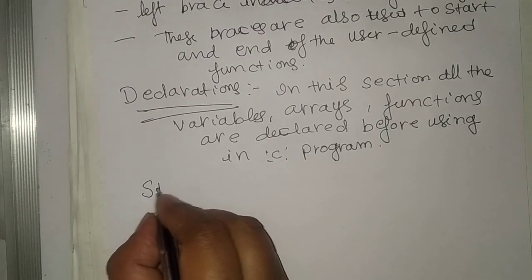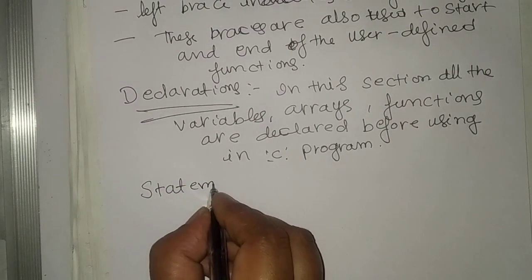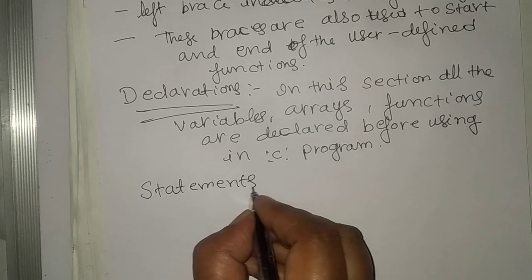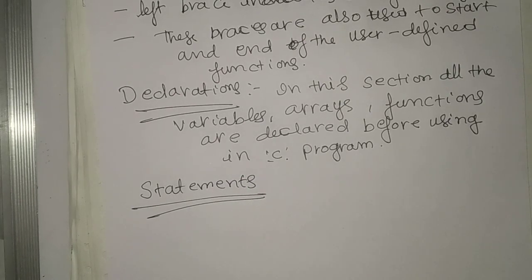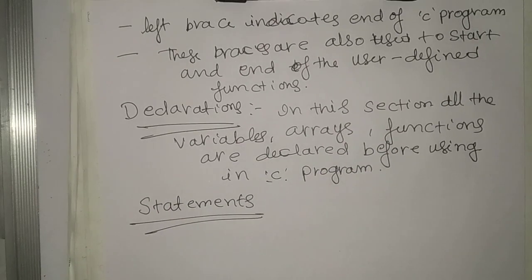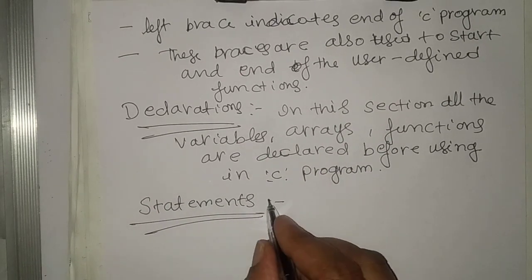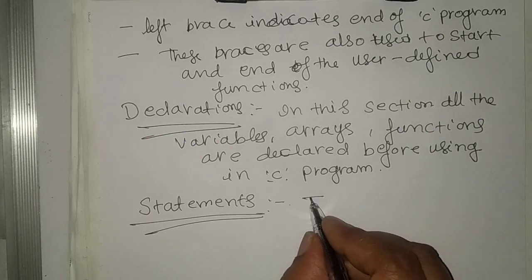Now next is the statements. They ask this in the exam also: explain the basic structure of the program and the function of each statement. Then we have to write.